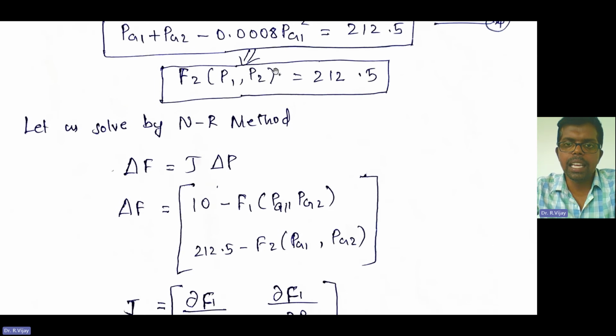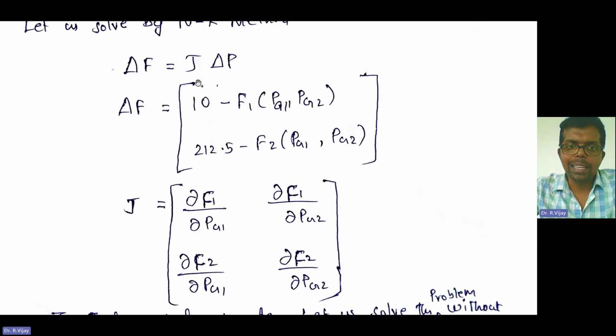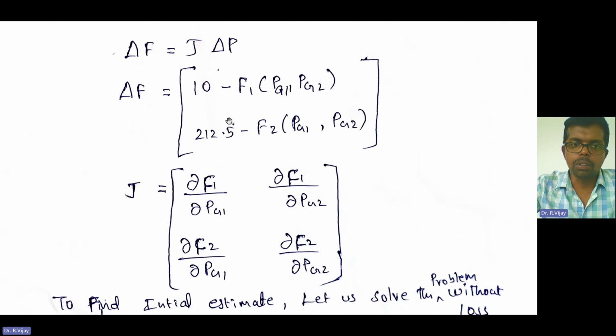Similarly, from F2, the change in function is nothing but 212.5 minus F2 of Pg1 comma Pg2. Now we need to calculate the Jacobian matrix by using the Newton-Raphson method. The Newton-Raphson method we have already explained clearly previously. That video I will also give in the description. You just go and watch.